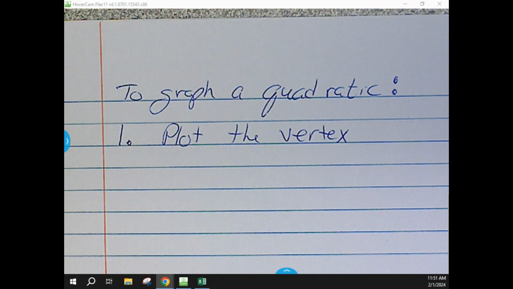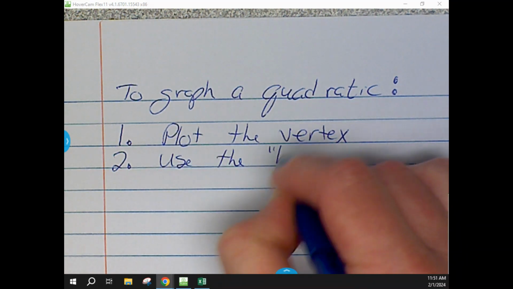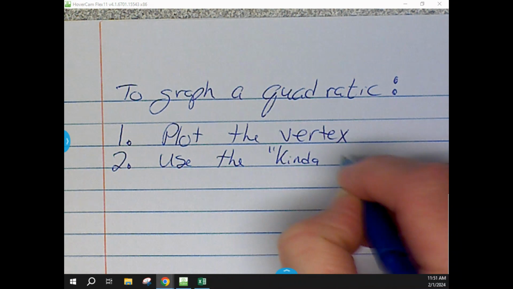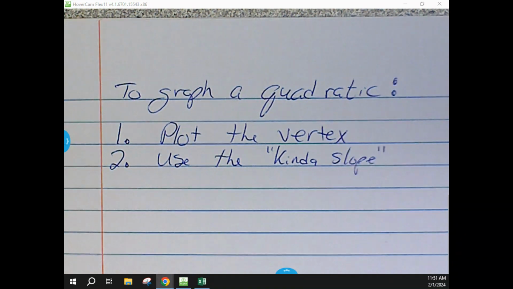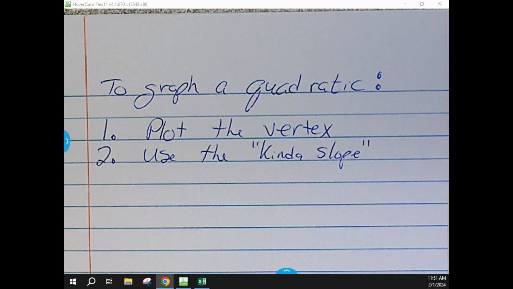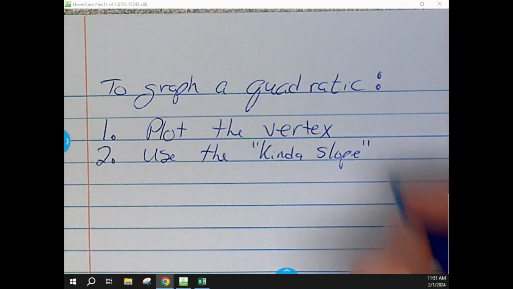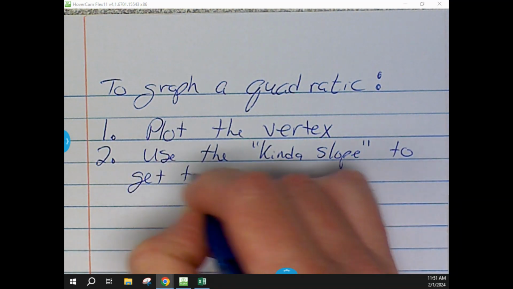Just like we did with absolute value, you're going to put that point down. And the second thing we're going to do is use the kind of slope. Just like we had a kind of slope for absolute value, we still have something that's kind of like slope for quadratics. So we're going to use the kind of slope to get to the next point on the graph.